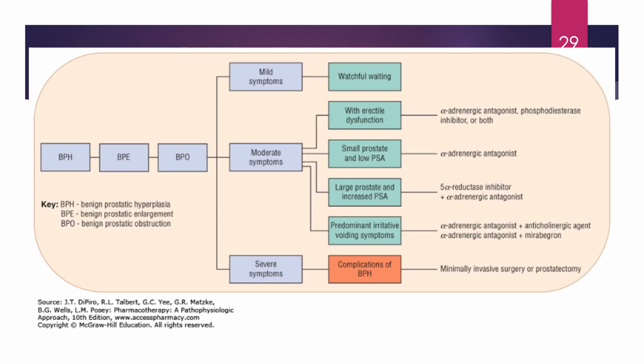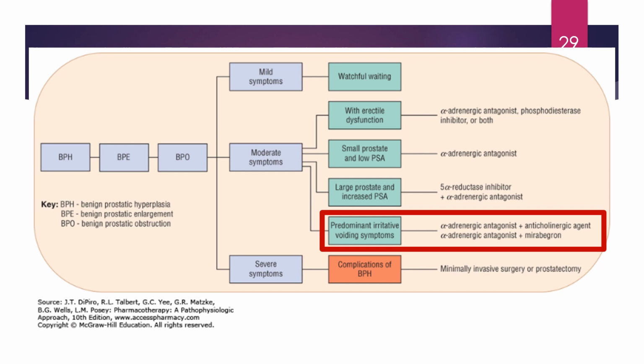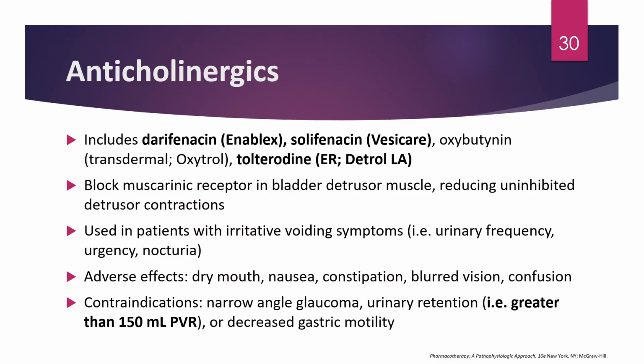In regards to the next section of our schematic, or our algorithm, if a patient has predominantly irritative voiding symptoms, they can use our cornerstone of an alpha adrenergic antagonist with an anticholinergic agent or mirabegron.